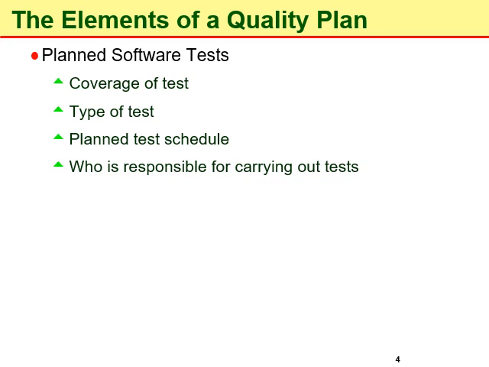Similarly, it should have information on the types of tests, for example computer generated tests and their application via test suites. Similarly, the planned test schedules, as defined by priority and the succeeding or previous activities of the project process. And also it should have information on who is responsible for carrying out the testing activities.